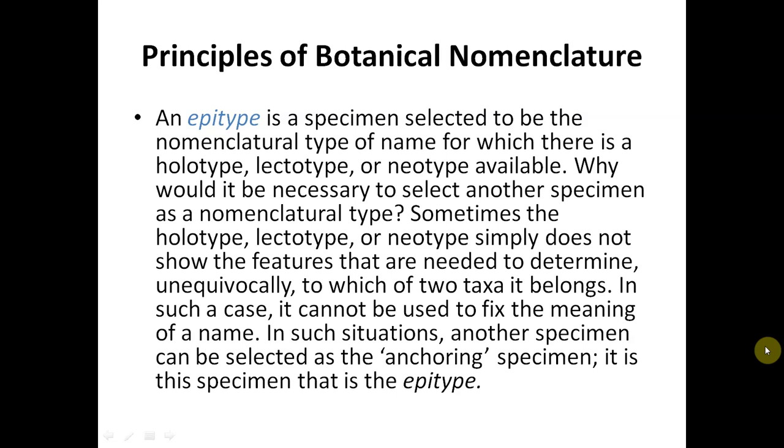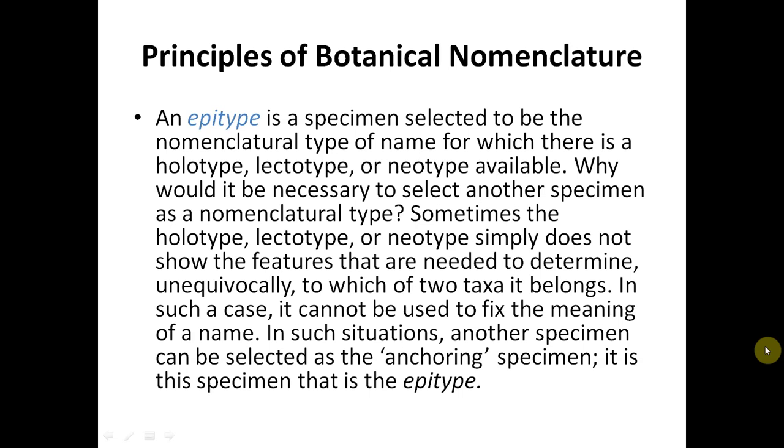And why would it be necessary to select another specimen as a nomenclature type? When all these are present, holotype, lectotype and neotype, then what is the purpose of an epitype? Sometimes the holotype, lectotype or neotype simply does not show the features that are needed to determine unequivocally to which of two taxa it belongs. Then in such a case, it can't be used to fix the meaning of a name.